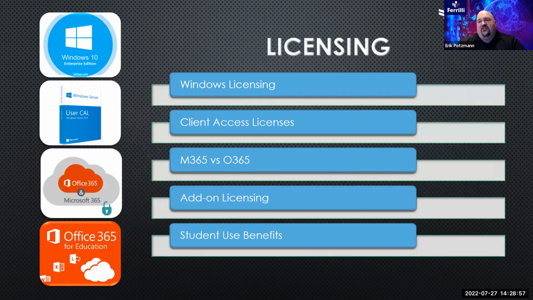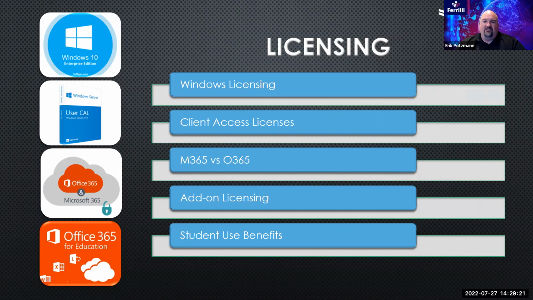And then this is another big one for the Microsoft 365 versus the Office 365 A5. What you do get with the Microsoft 365 A5 is Windows licensing and, excuse me, the CAL licensing, the client access licenses.